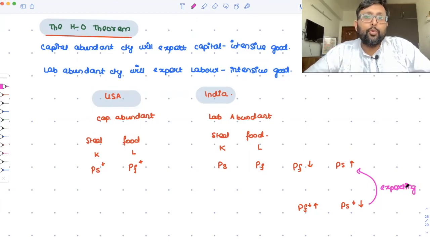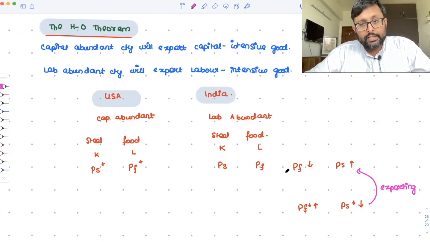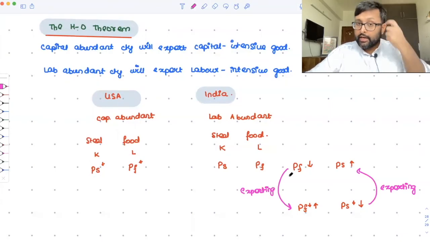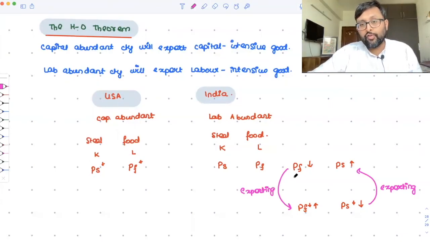They will be exporting steel in search for the higher price. Similarly, Indian firms after trade will be searching for the higher price, and for that they will be going towards the US and they will be exporting food. Because in India, firms which are producing food are getting lower prices. So if they export it, they can get the higher price.